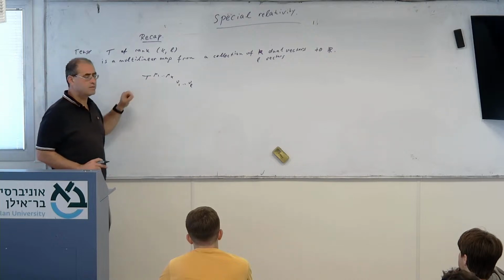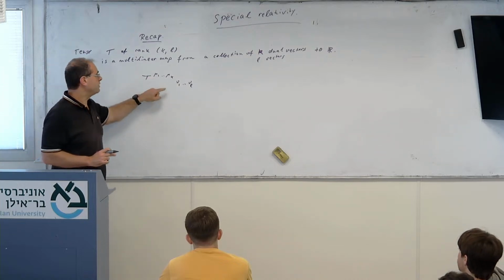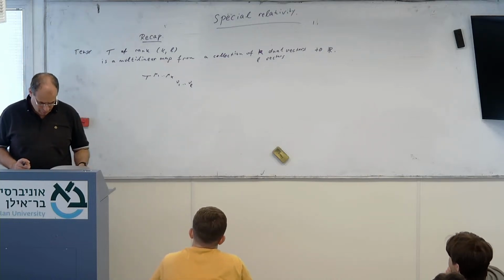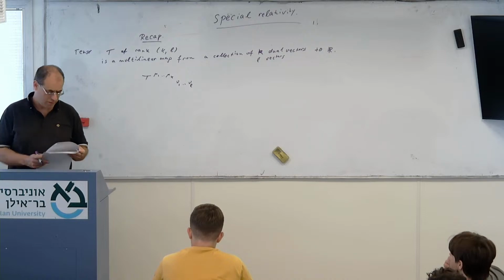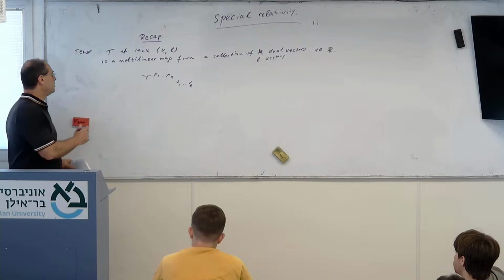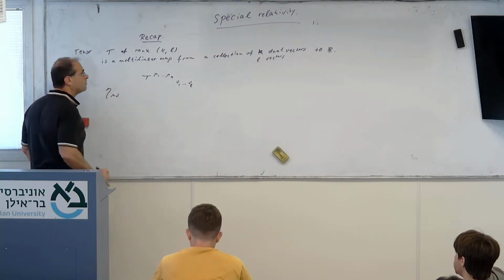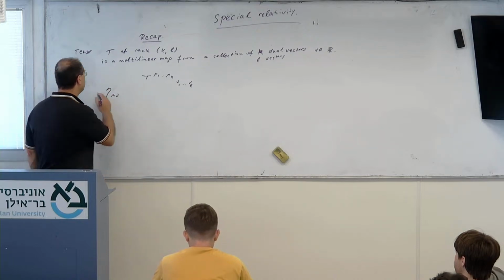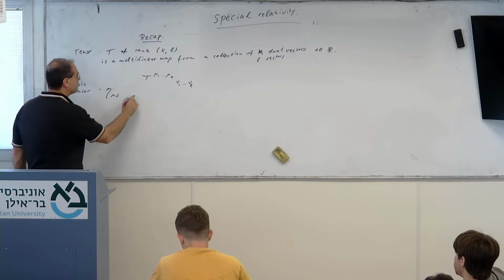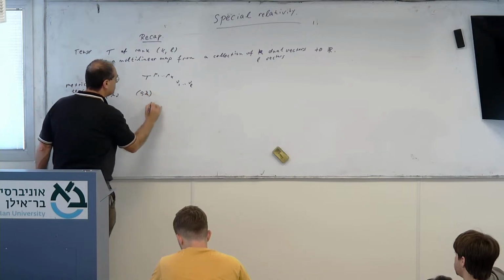If it's an upper index, it transforms like a vector; if it's a lower index, like a covector. So we introduced a few tensors that you know. One tensor you know of is the metric tensor, eta mu nu. This is a (0,2) rank tensor.